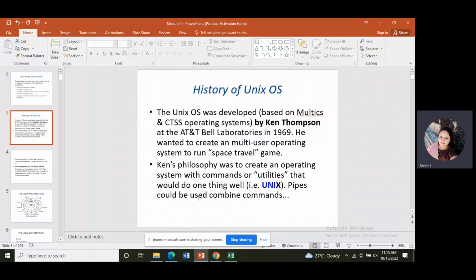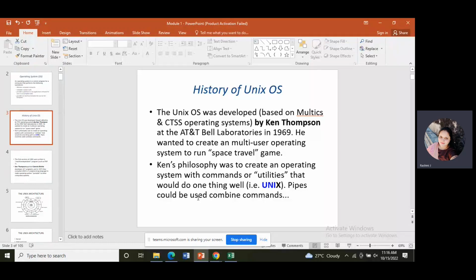After that, with C language, it became a portable operating system.